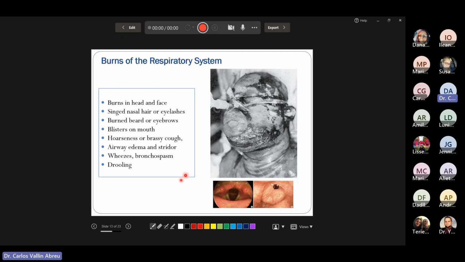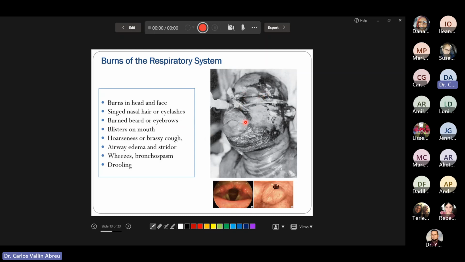Any burn in the face, including discrete burns like a burned mustache, the beard in males, nasal hairs, eyebrows, and eyelashes should make you suspect that the airway could be burned.